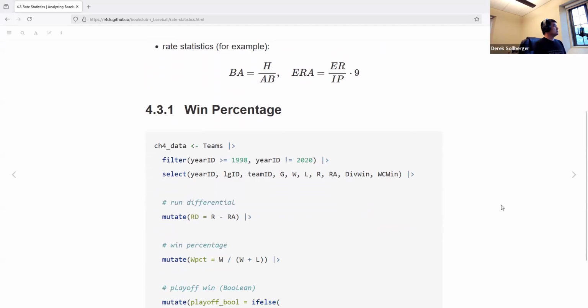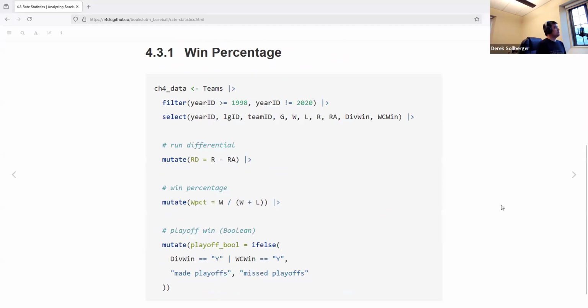Now, with all that said, let's go ahead and dive into some of the textbook code. With a slight departure from the textbook, I decided to focus on the years starting at 1998 instead of 2000. I leave it up to you if you could guess why I did that.